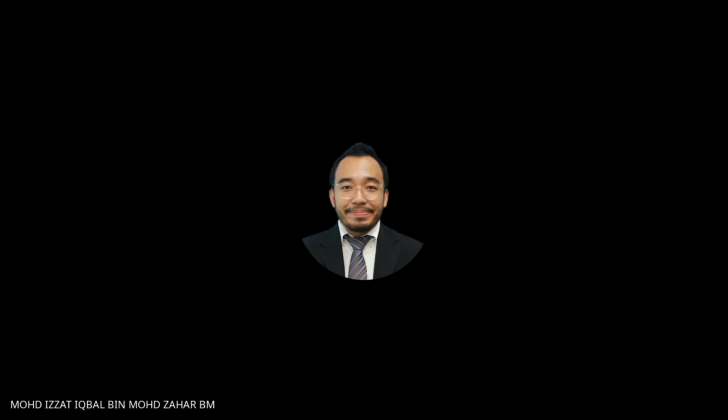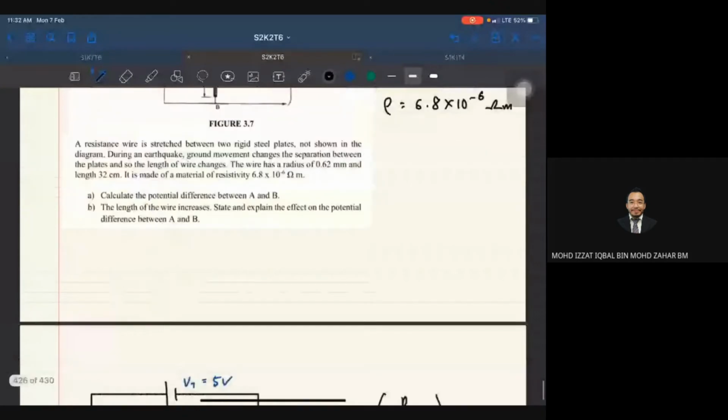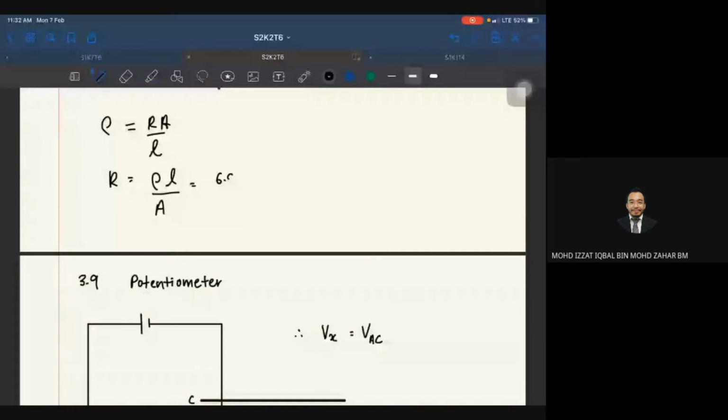And if I substitute all the values, area, okay, they give you the radius. This is a circular wire, so it will be pi r square, 0.62 times 10 negative 3 square. Don't forget to take the square.